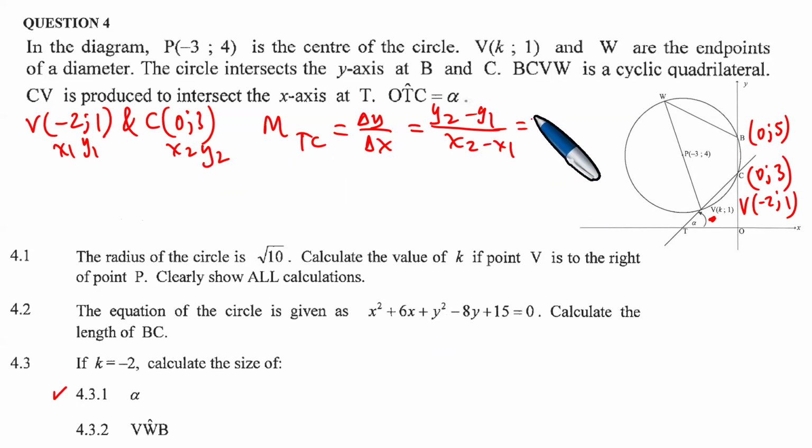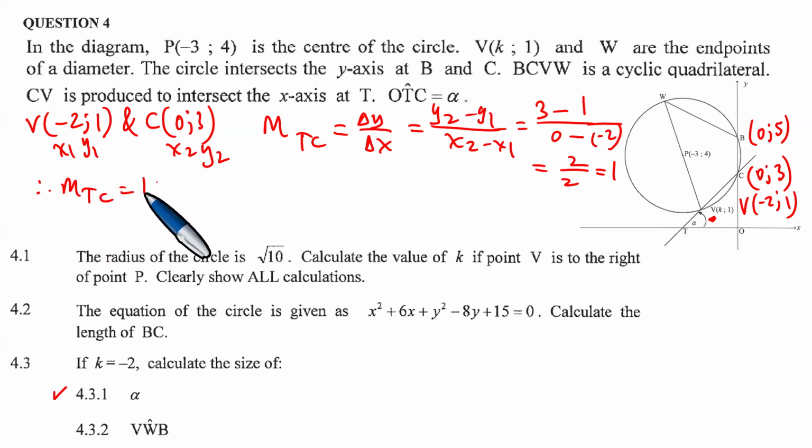So y2 is 3 minus the y1, which is 1, and x2 is 0 minus x1, which is minus 2, giving us 3 minus 1, which is 2 over 2, which is 1. This gives us that the gradient of TC is 1.